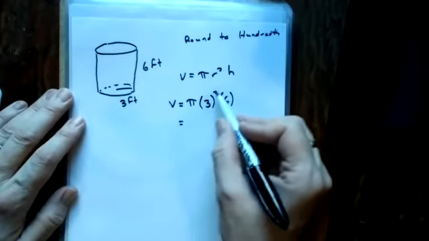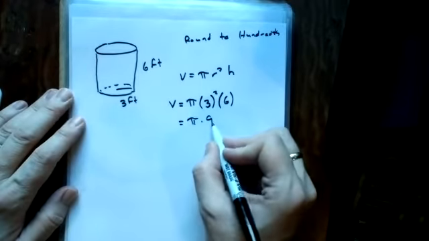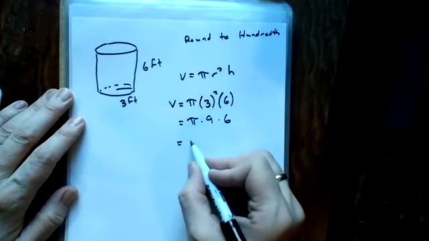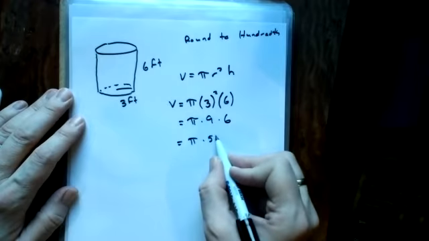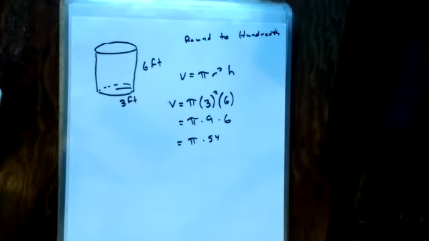So I'll deal with that exponent first, so that'll be pi times 9 times 6, and I can multiply those out. 9 times 6 is going to be 54, so I'll have pi times 54, and that's something that's easy enough to put into a calculator.